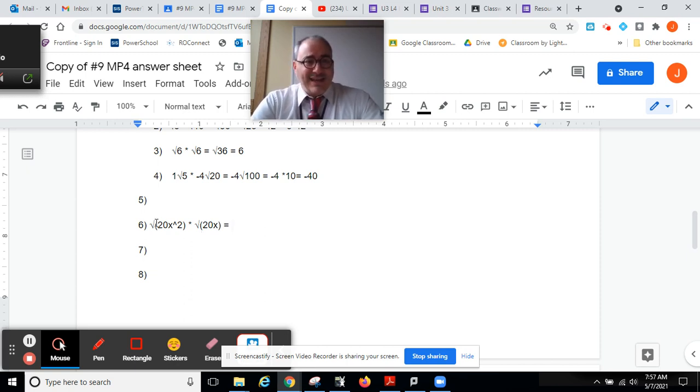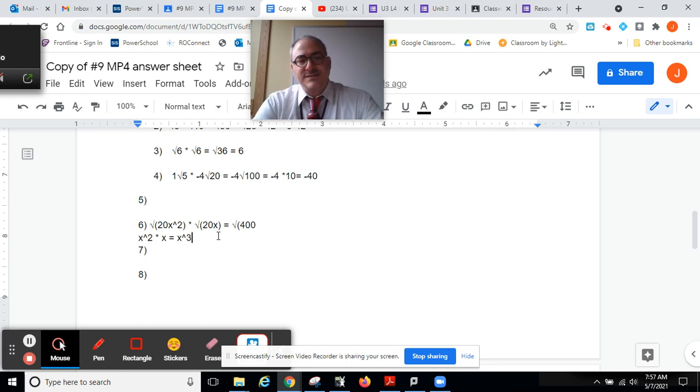The first thing is, since everything's under the radical, I can start multiplying everything in the radical. I'm going to take the 20 and the 20. Those things are kind of like terms in this situation, so I'm just going to multiply them together. If you don't know what that is, that's 400. So I'm going to have radical 400. That's 20 times 20. And what's x to the second power times x? Do you know what that is? You know your exponent rules, right? That's just x to the third.